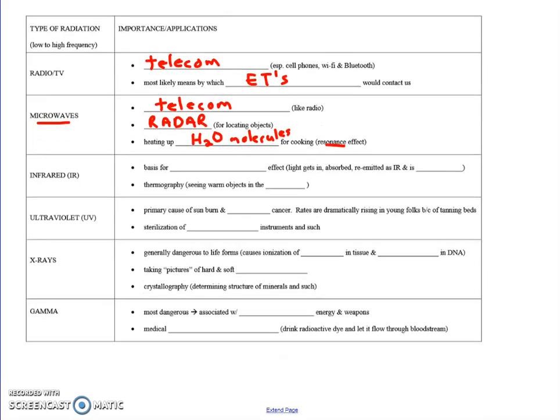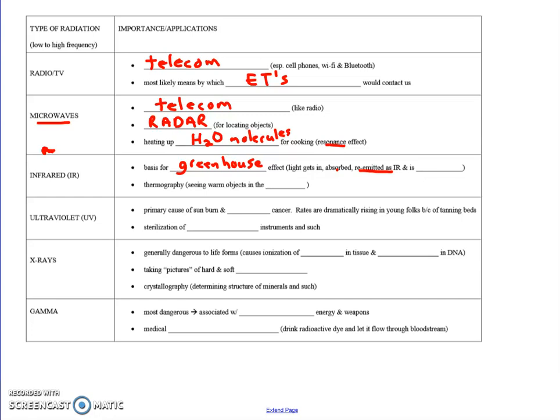Next, infrared radiation. So we've skipped, I haven't got there yet. Infrared is the basis for, and this will be very important later on in the year, the greenhouse effect. In very simple terms, visible light gets into the atmosphere and is absorbed by the Earth, and then because the Earth warms up, it will give off radiation, and the radiation the Earth emits is infrared.